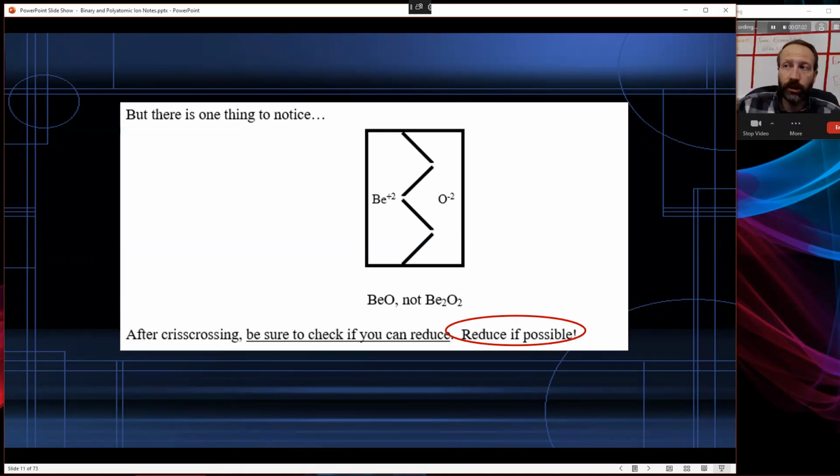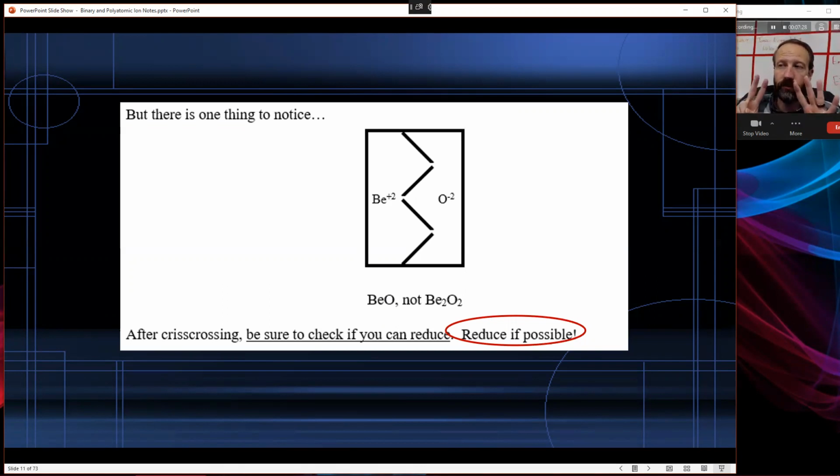If you correctly crisscross and reduce, the only time students get it wrong is either they don't crisscross correctly, which I don't know what else to say about that, sorry, or they forget to reduce, okay? So crisscross and reduce. It's a two-part final step. So we do write BeO, we would not write Be2O2 because 2 and 2 reduce. And let me just point out, it doesn't have to be 2 and 2 that reduce. It could be 3 and 3, it could be 2 and 4.